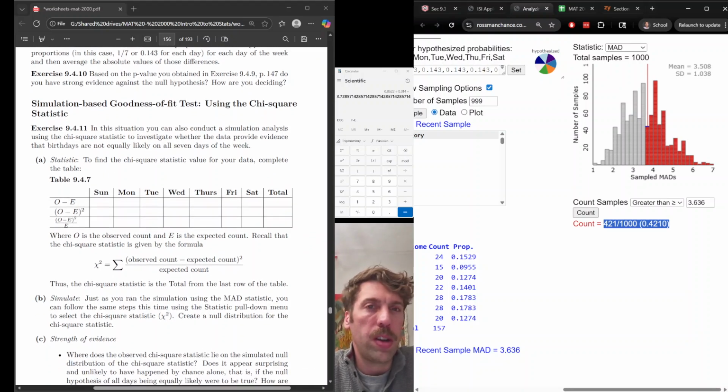Based on the p-value obtained in number 9, do you have strong evidence against the null hypothesis? How are you deciding? In my case, with my data, I do not have strong evidence against the null hypothesis. And I'm deciding that because my sample is fairly plausible because the p-value is large.